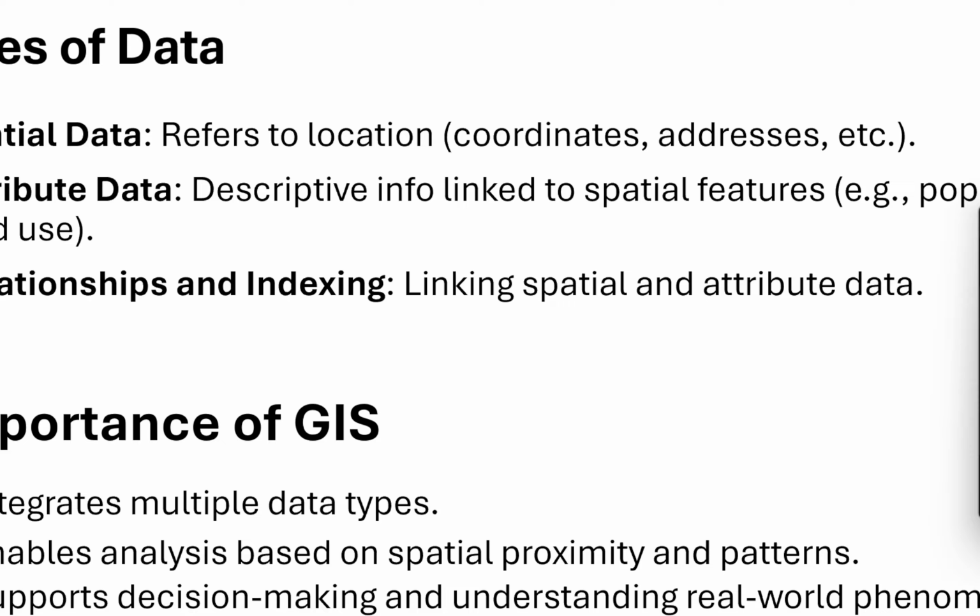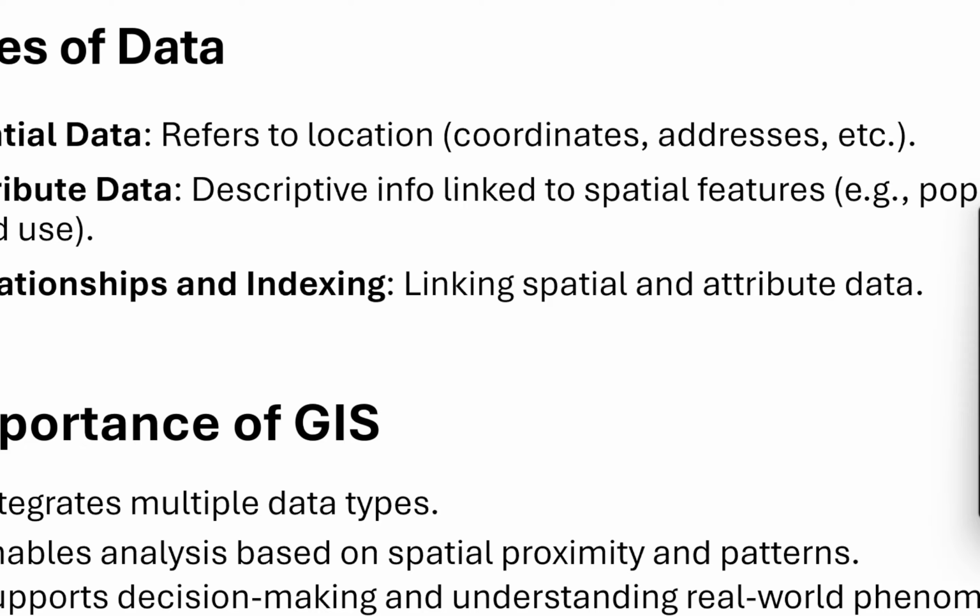Suppose you have data for 100 cities in India and you want to see the pattern throughout India. We interpolate, assuming that whatever is close to a particular city is going to behave similarly. That is analysis based on spatial proximity. So this kind of analysis can be done in GIS.